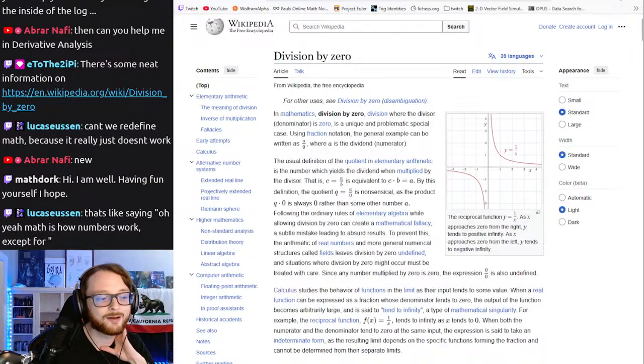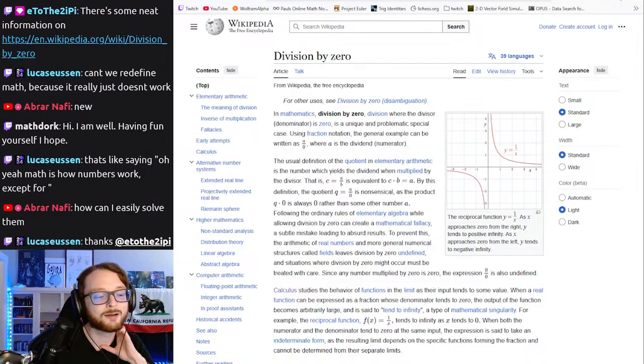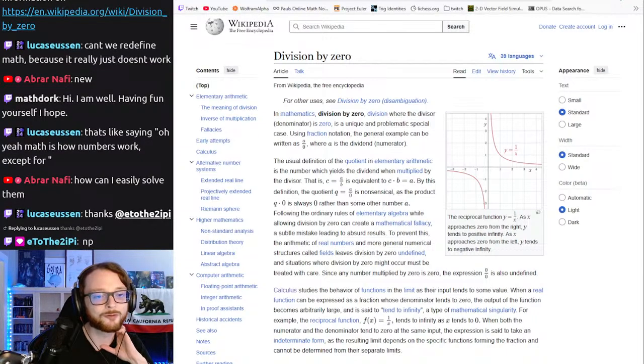So honestly, division by 0 not working, it's an annoying thing, but it's actually a good thing for it to not be defined, because it can help you think about how functions have weird behaviors when you try to divide by 0.